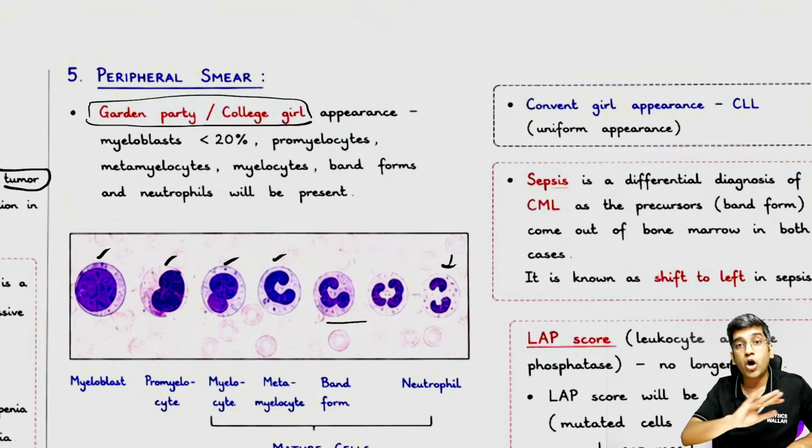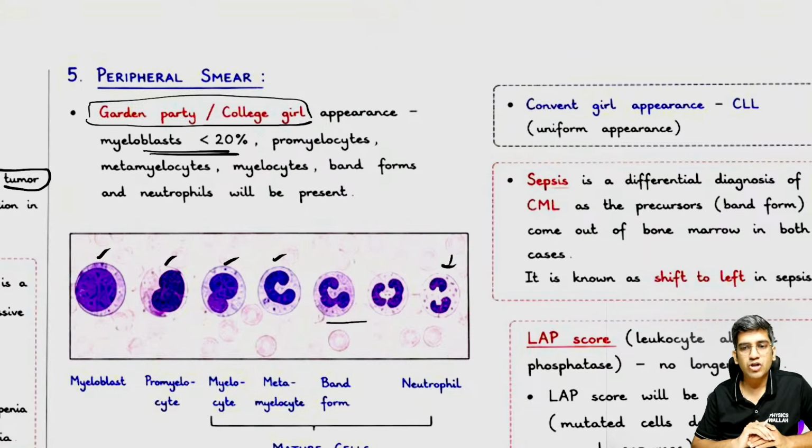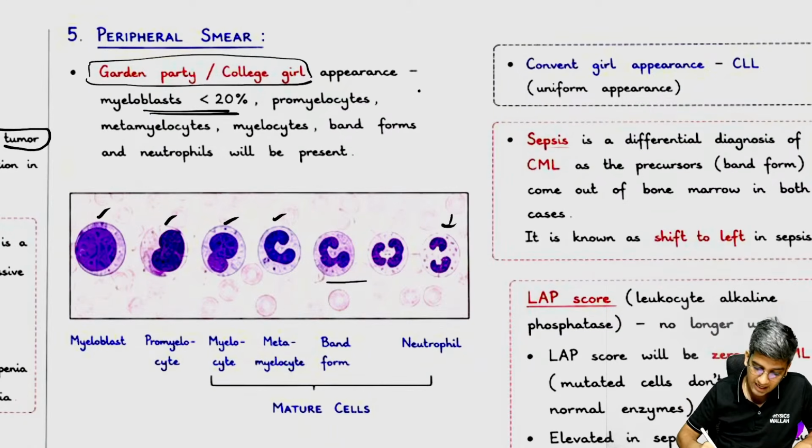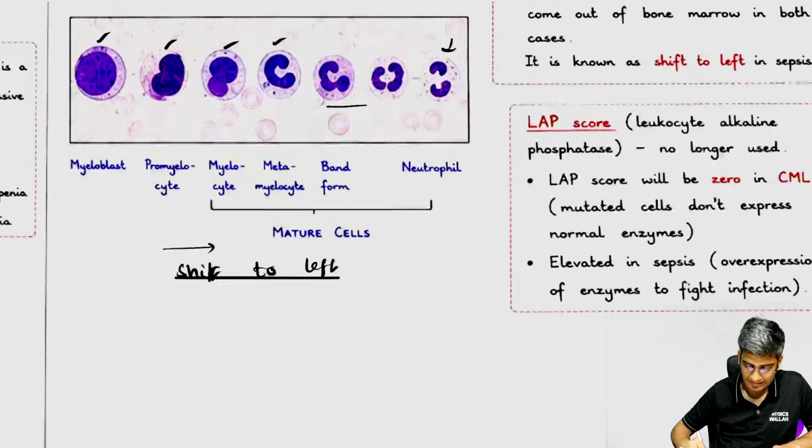I'll have all of them, right? But the most important thing, myeloblasts should not touch 20%. If it touches 20%, I'll go to acute leukemia. It is not chronic leukemia. Every form will be present. This is what we call shift to left. That is the classical diagnostic point for CML.